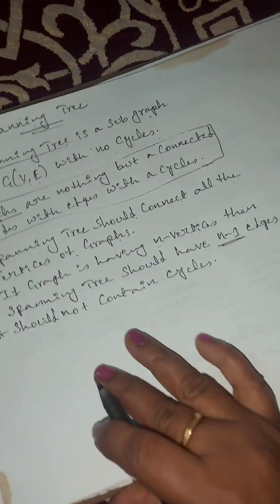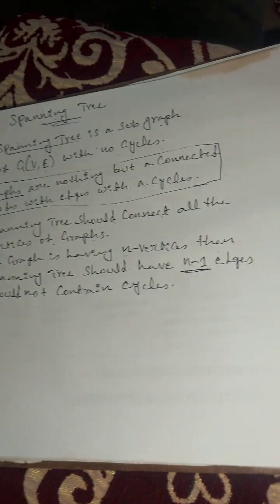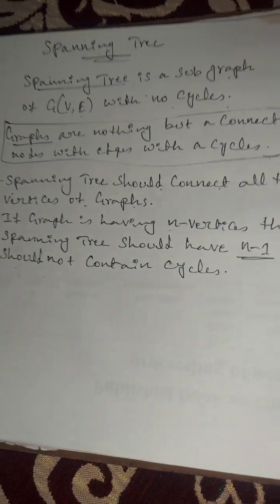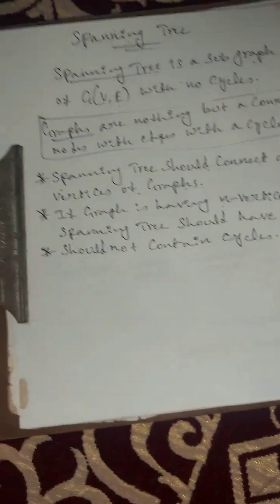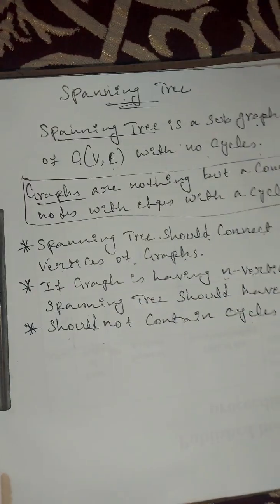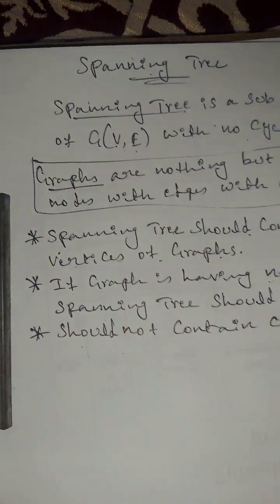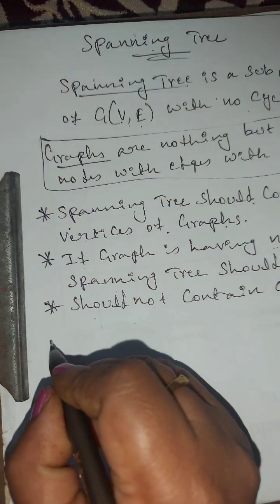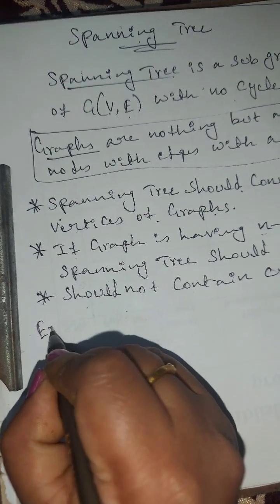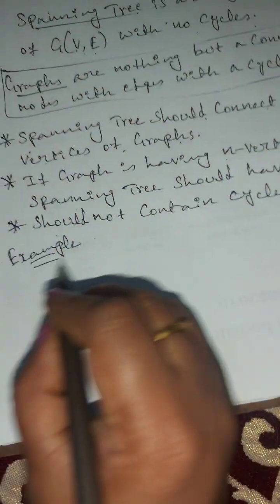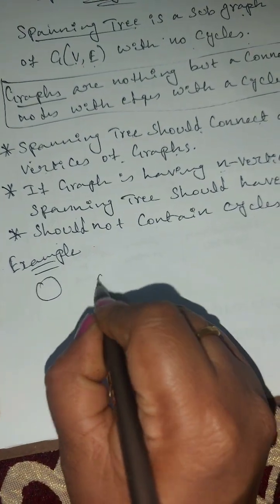So let us see. I think you all know about vertices and edges. When we discussed graphs, I told you what vertices are and what edges are. So again I will explain. Let us see an example. Here I am drawing a graph.